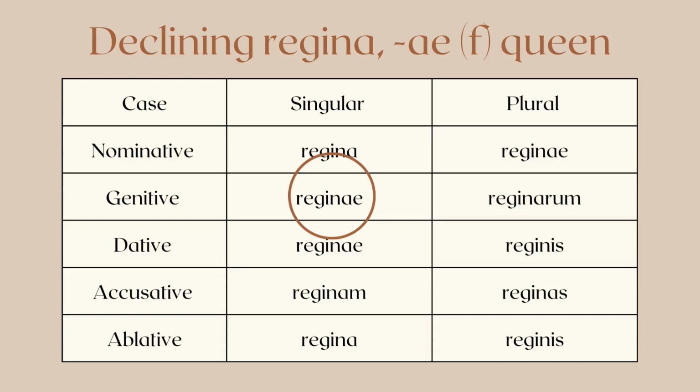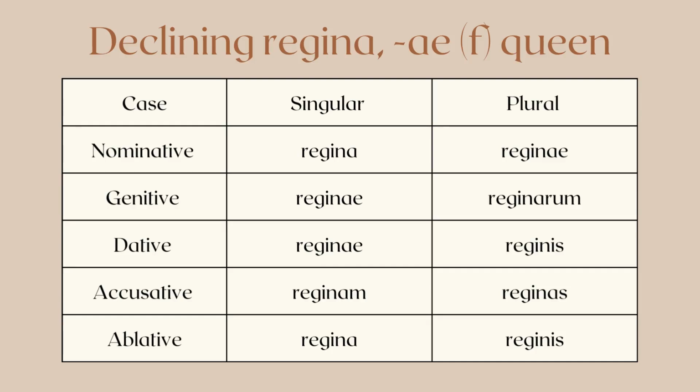The genitive singular is the form of a noun that determines to which declension it belongs. Reginae indicates that this word is a first declension noun. So there are the different forms for Regina. And let's see how we can use that in a sentence.